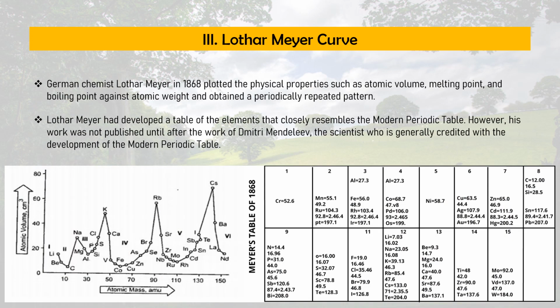Next one is the Lothar Meyer curve. Here, the German chemist Lothar Meyer plotted a graph, taking physical properties like atomic volume, melting point, boiling point, etc., against atomic weight. And he saw that there was a repetition of a pattern.